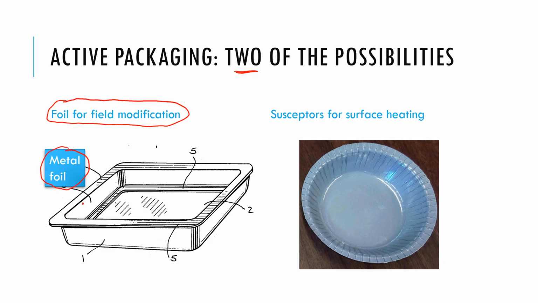So in this package, there are going to be metal foils placed for local field modification, and the other one is use of thin metallized film, called susceptors, that do surface heating. So we're going to look at them in detail.